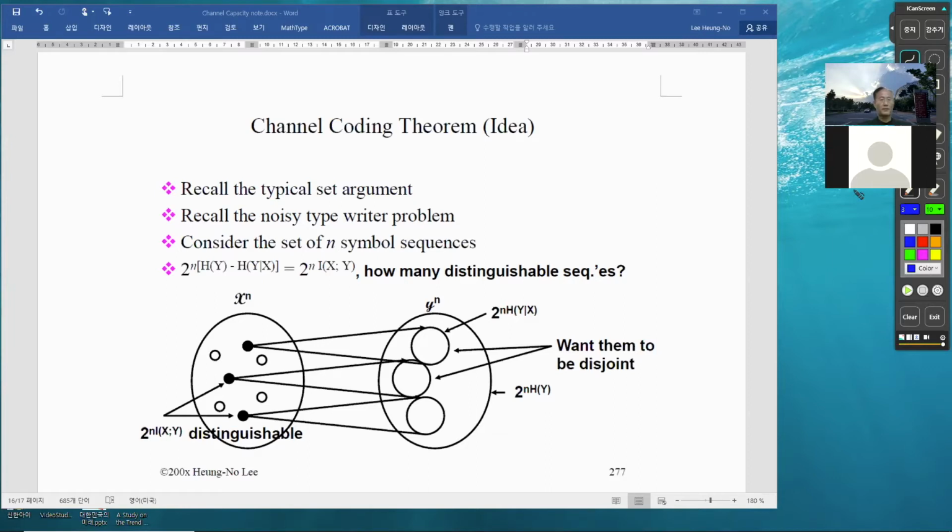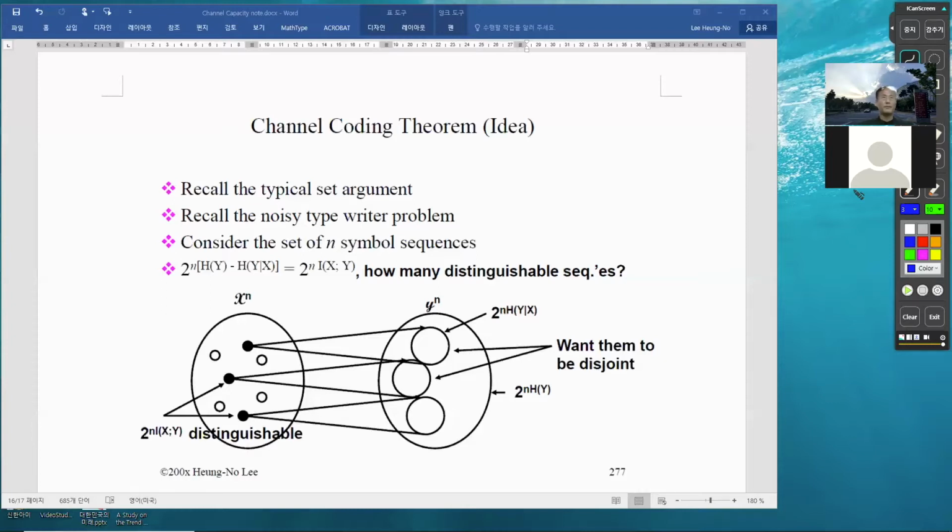By studying the proof, we know what a channel code is and how to construct a channel code. And by studying the proof techniques, we can utilize all the materials that we have studied before the midterms.